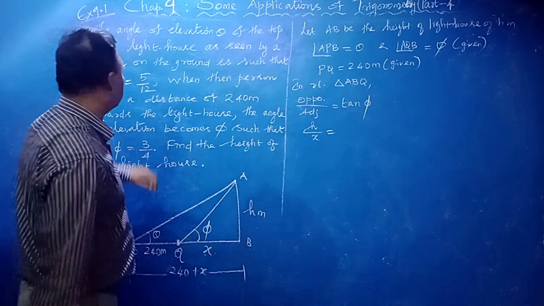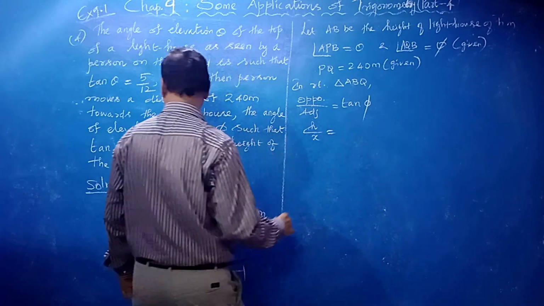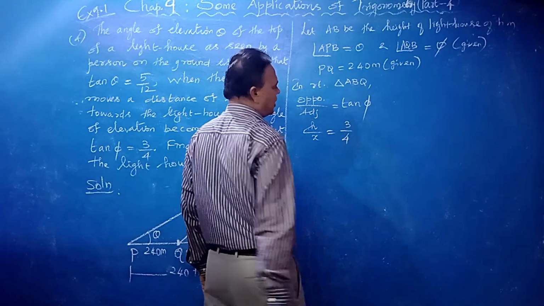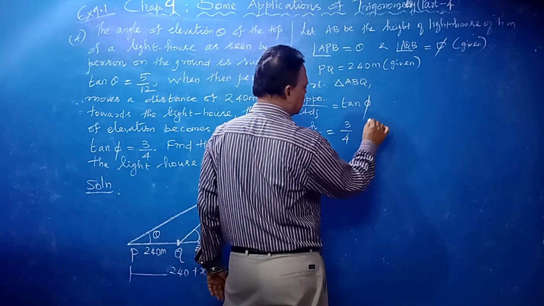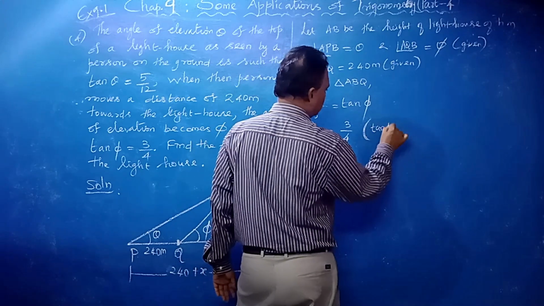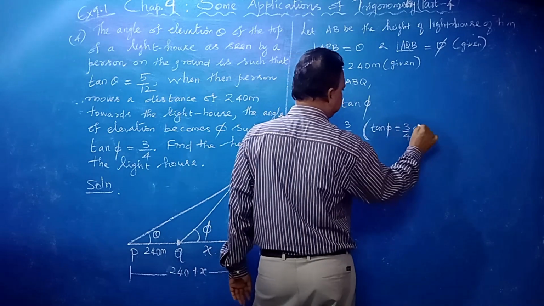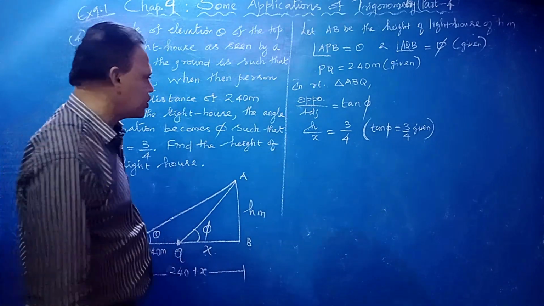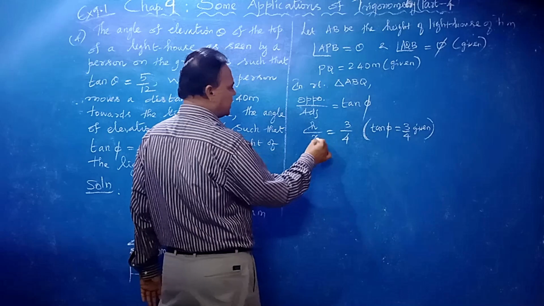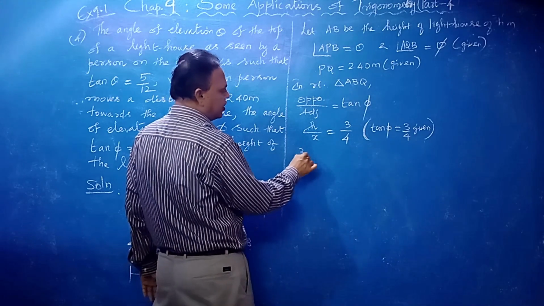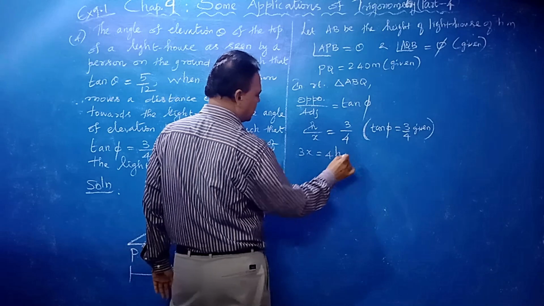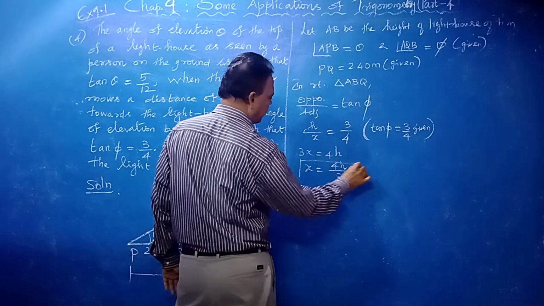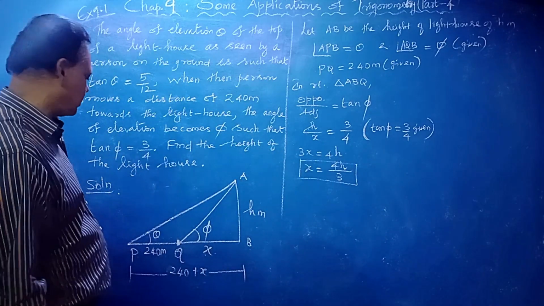Tan phi is given, oh sorry, tan phi is given 3 by 4. Given tan phi equal to 3 by 4. Now you do cross multiplication. Find out x. 3x is equal to 4h. Therefore x is equal to 4h by 3.